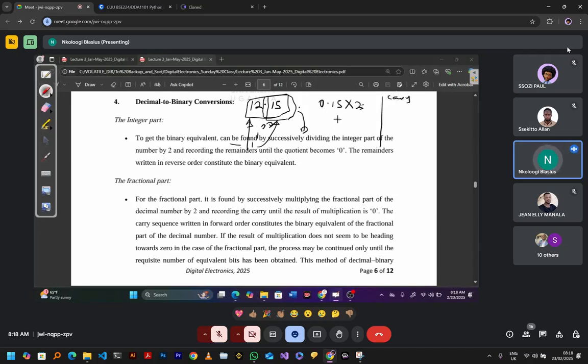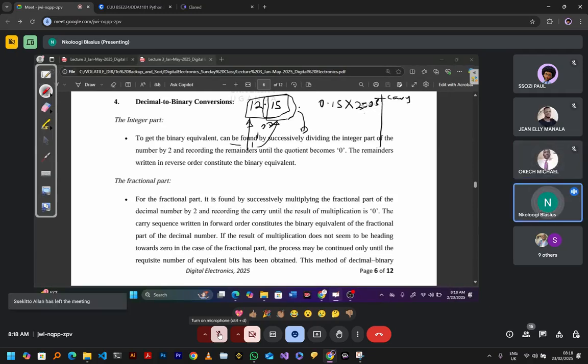Then you're going to multiply again by 2. So in this case, 0.15 times 2 seems to be something like 0.3. So in this case, the carry here is going to be 3. Is it 3? No.